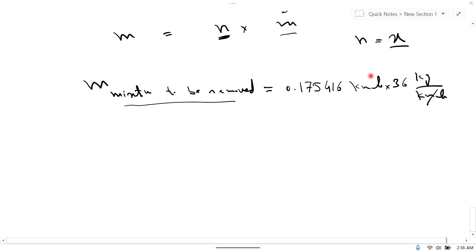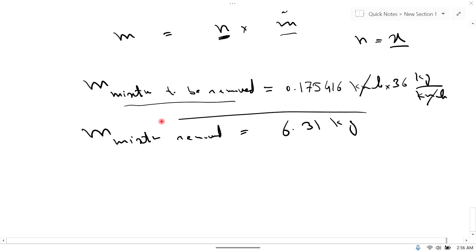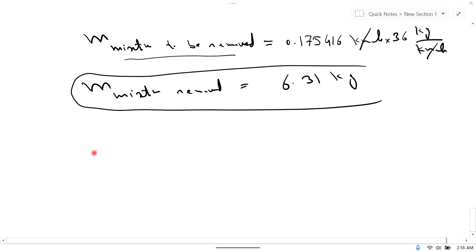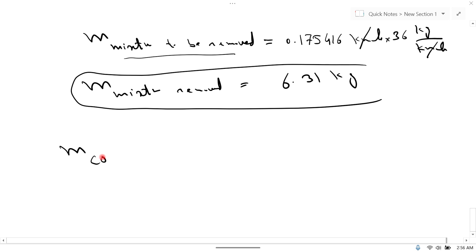So kilomole cancels with kilomole, and the final answer is in kilograms. So the mass of mixture removed is equal to 0.175416 multiplied by 36, which is 6.31 kilogram.